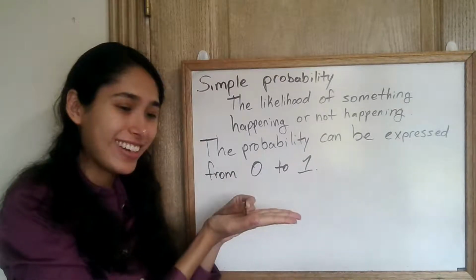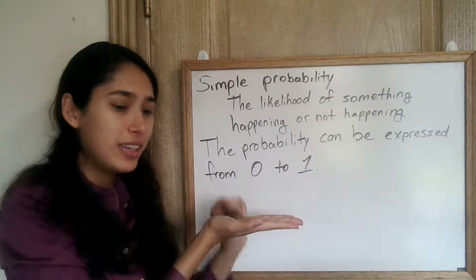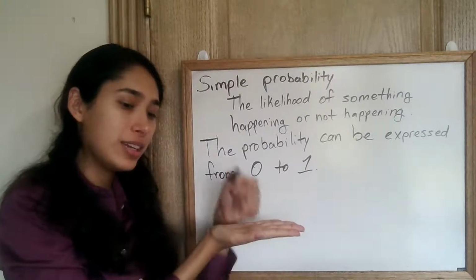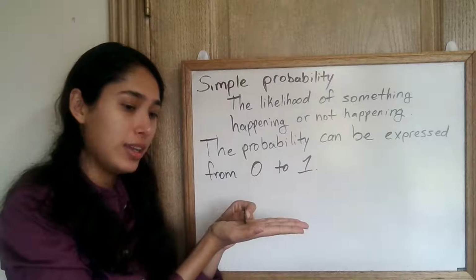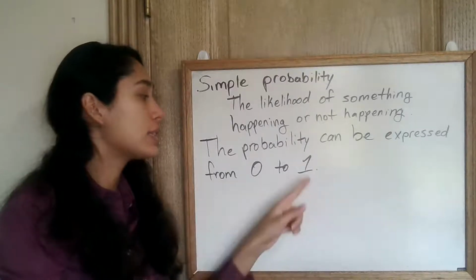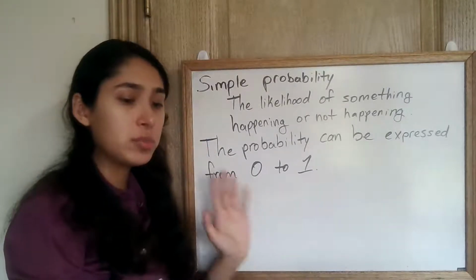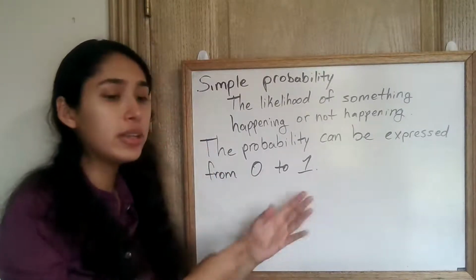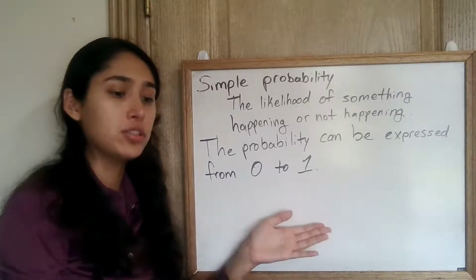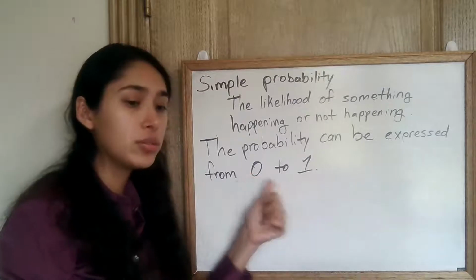I have seen it where it lands perfectly on its side before, so there's actually a probability of it landing on this side, and then this side. But if you add up all the probabilities together, it's going to add up to 1. Just like with a histogram or with percentages, if we add up all of it together, we end up with 100%. Just that with probability, we're just talking from 0 to 1 instead.